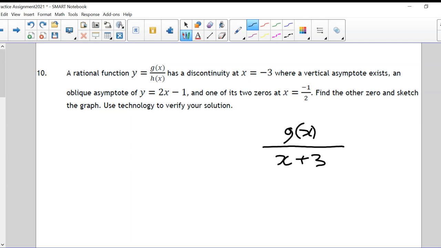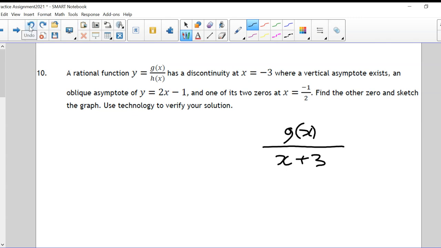But the other piece of information that's interesting is that there's an oblique asymptote at y equals 2x minus 1. An oblique asymptote usually is the quotient when it's in quotient form. So I'm going to make a suggestion here. I'm not going to call this g of x anymore.